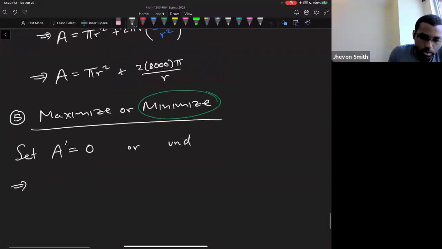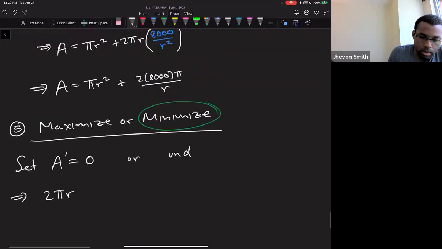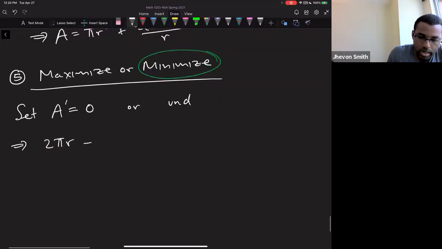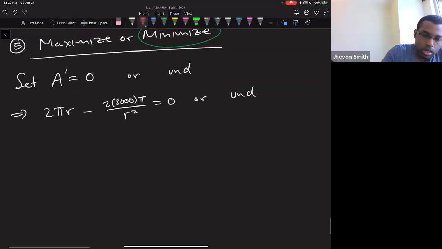This means 2 pi r minus 2 times 8,000 pi over r squared equals 0 or undefined. Undefined means r equals 0. Of course, you reject that possibility.